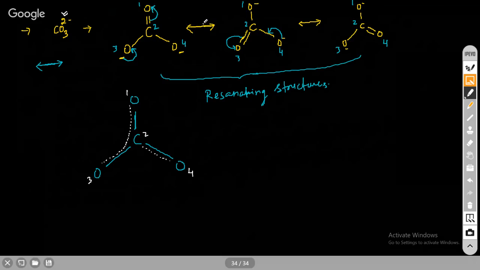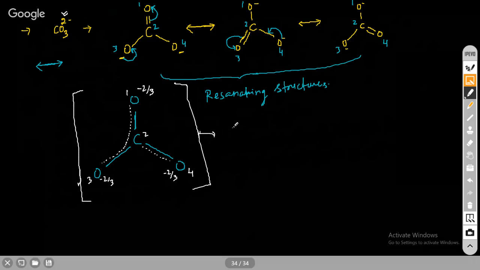How many oxygen atoms do we have? We have 3 oxygen atoms. So 2 charge is distributed among 3 oxygen atoms. So here in this resonance hybrid, the charge on each oxygen atom will be minus 2 by 3, minus 2 by 3, and minus 2 by 3. So this structure is the actual structure of carbonate ion.